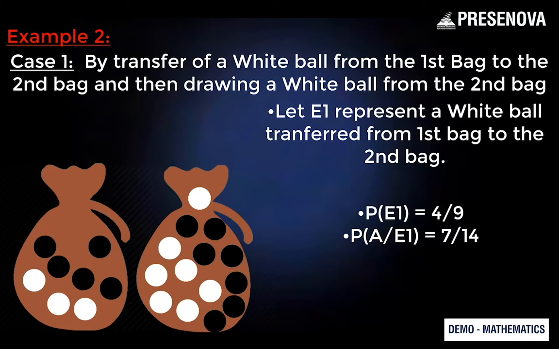If E1 has already occurred, that is, a white ball has already been transferred from the first bag to the second bag, then the second bag contains 7 white and 7 black balls. So, P of A given E1 will be equal to 7 by 14, where A represents a white ball drawn from the second bag. 7 here in the numerator represents the number of white balls in the second bag, and 14 in the denominator represents the total number of balls in the second bag.